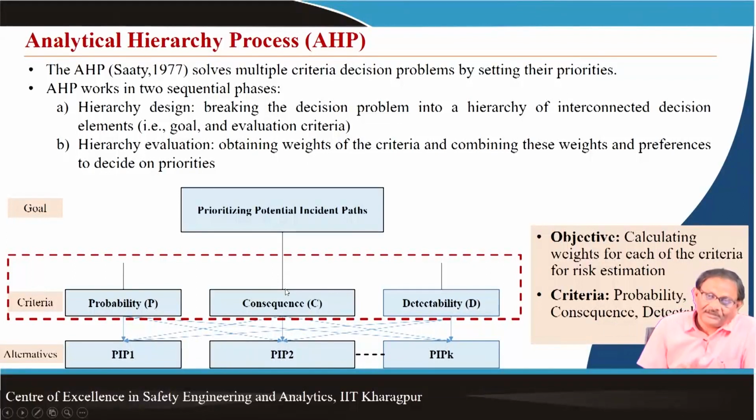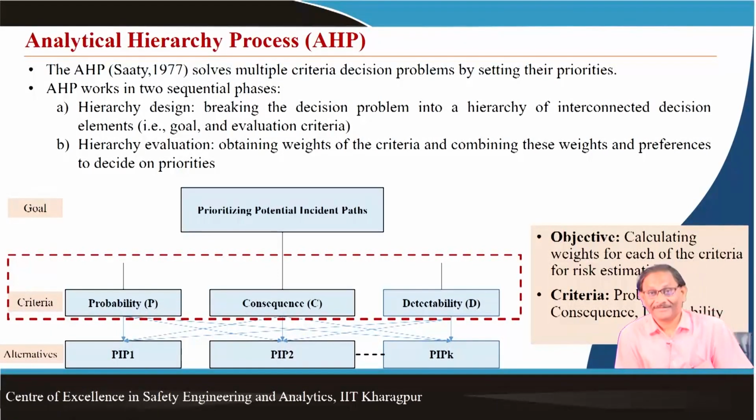When you have a goal, a set of alternatives, and you know the criteria important for choosing the alternatives, then AHP is a very good tool and you can use it. What AHP basically does is find weighted values for these alternatives.